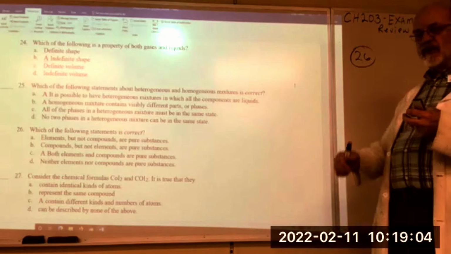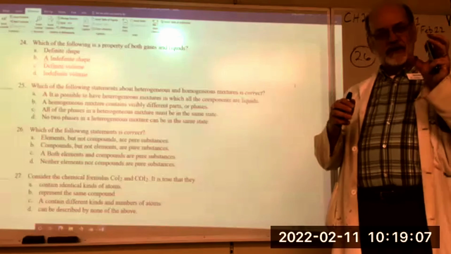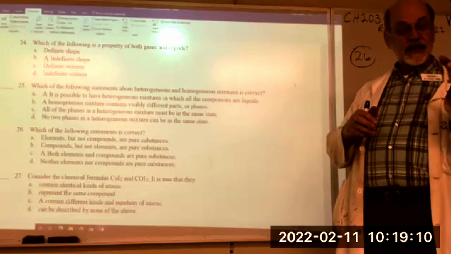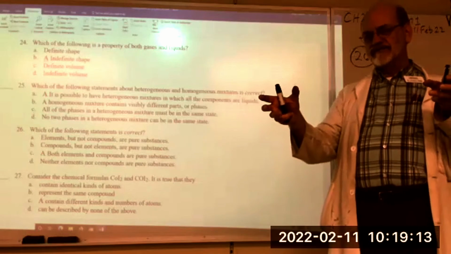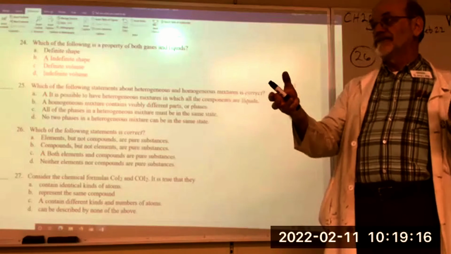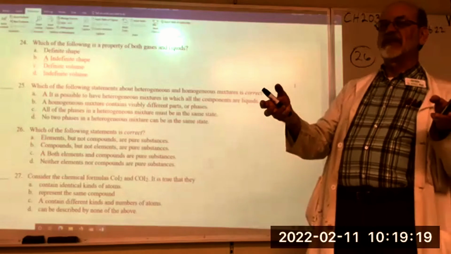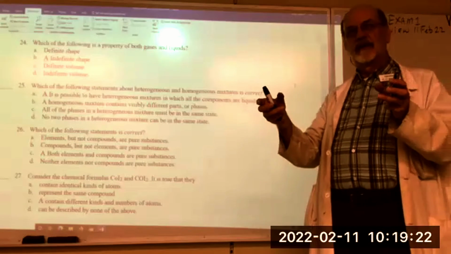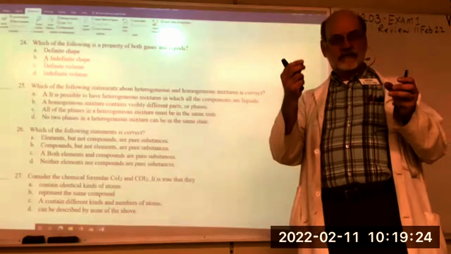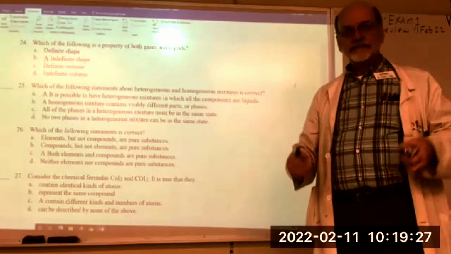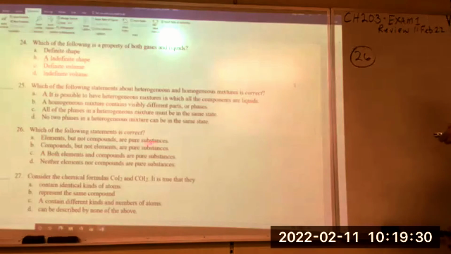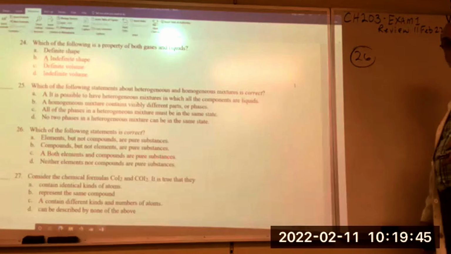You could get down to a point where you have a mixture and you have this atom of, say, iron and this molecule of, I don't know, silicon dioxide, sand. And they're both pure, because this is a pure compound and this is a pure element. So that one's false. "Compounds but not elements are pure substances." Well, that's just another way of giving you a false statement. "Both elements and compounds are pure substances." Yeah, that's true.